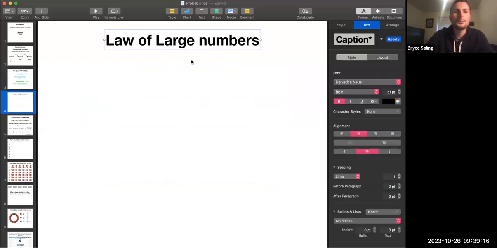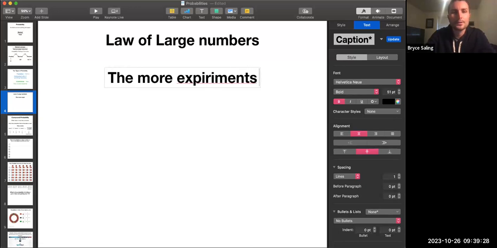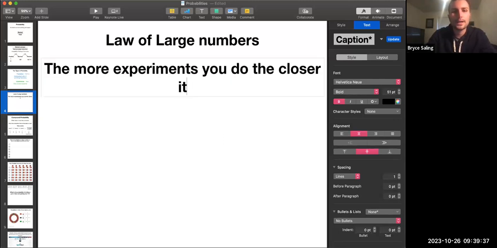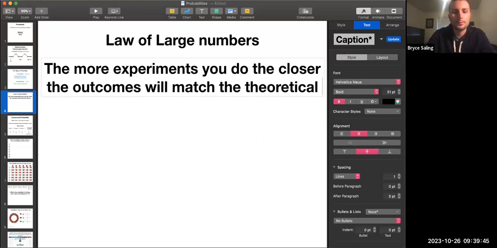What that essentially means is the more experiments you do, the closer the outcomes will match the theoretical probability.